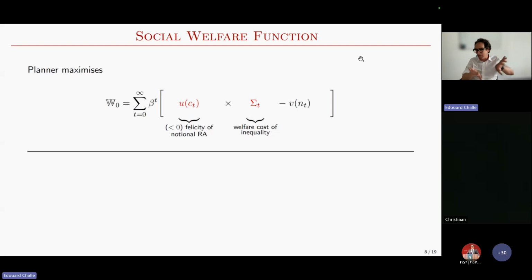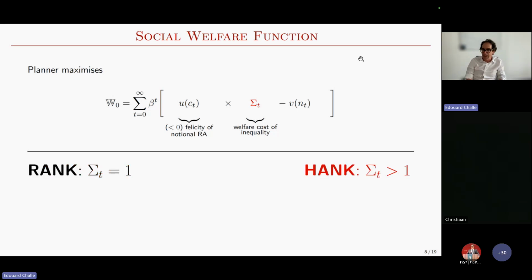So you can separate the welfare losses that are coming from aggregates not behaving as you would want, and the welfare losses coming from the dispersion of consumption around the average level of consumption. In the RANK model, the representative agent model, trivially, big sigma is equal to 1, because there is only a representative agent there.